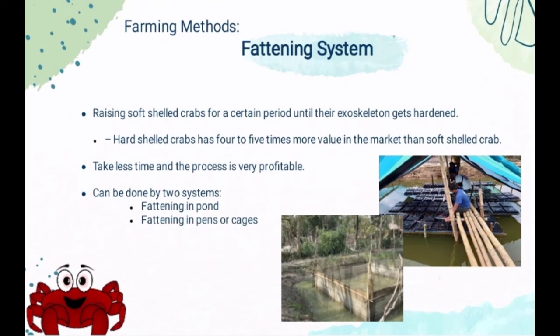Let us now proceed to the fattening system, raising soft-shelled crabs for a certain period until their exoskeleton gets hardened. Hard-shelled crabs have 4 to 5 times more value in the market than soft-shelled crabs. It takes less time and the process is very profitable.